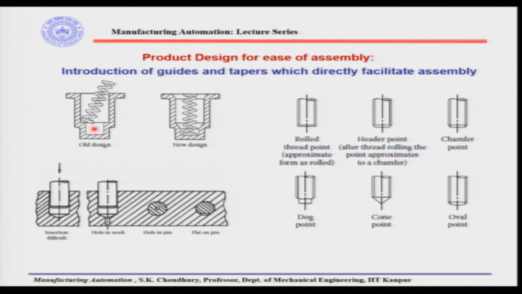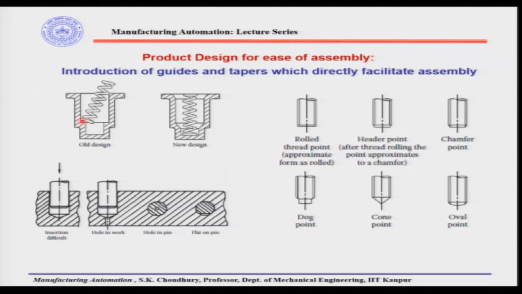So, the part placing mechanism will take the spring and put it here. Now, because of this edge, the spring may not go up to the end and it may get stuck here, because of the design in this part. But this design can be changed by making a chamfer here, that is one thing, and a chamfer or tapering in this case.